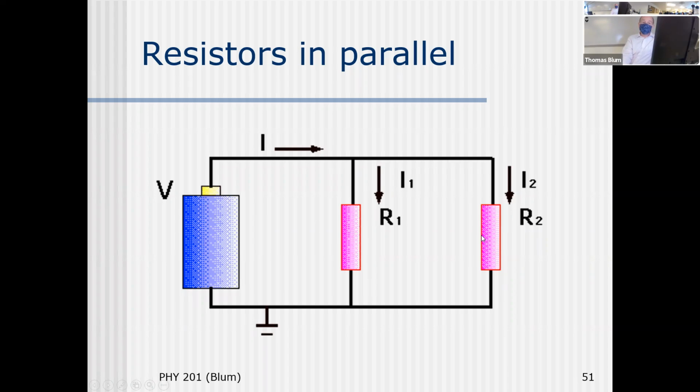So things in parallel see the same voltage. So I have some energy, there's a voltage level on this wire, there's a voltage level on that wire. I need to use that voltage up, whichever path I take. And so they see the same voltage, but the currents are split up and the currents will add up to a total current.